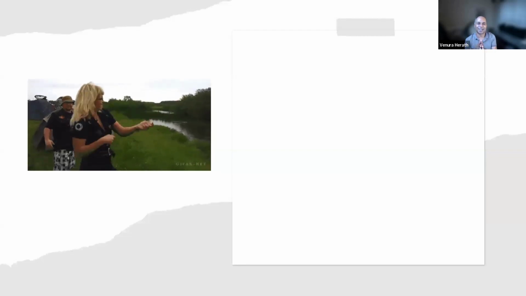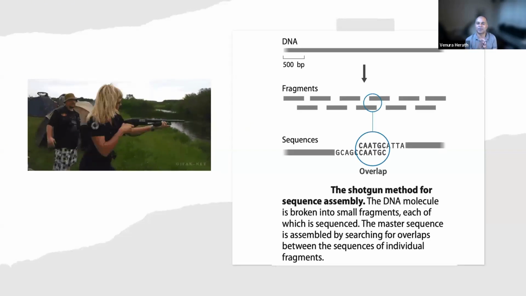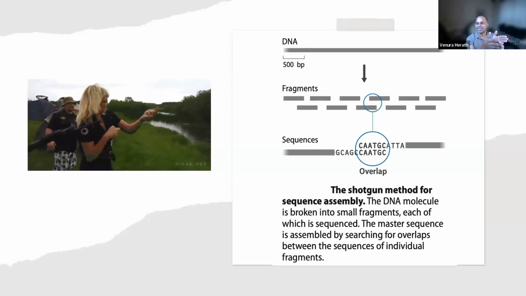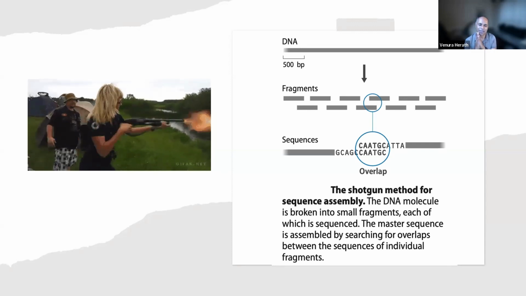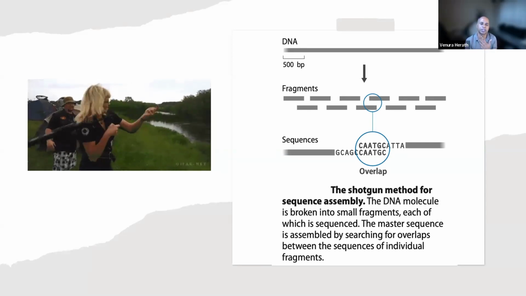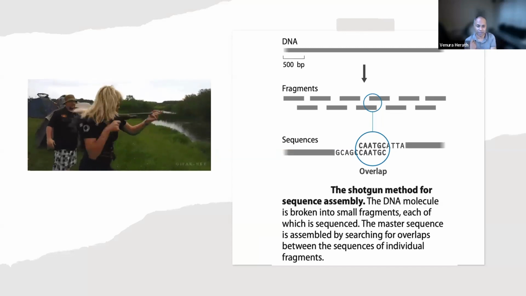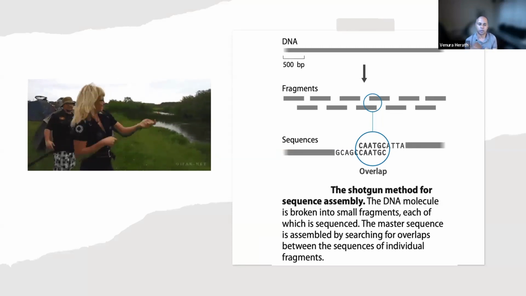Because we are going to talk about a shotgun-based approach people use in order to do the sequencing. Not the actual shotgun, but the approach scientists used in order to reduce the issues associated with the short sequencing reads. They use this method called the shotgun method for sequence assembly.